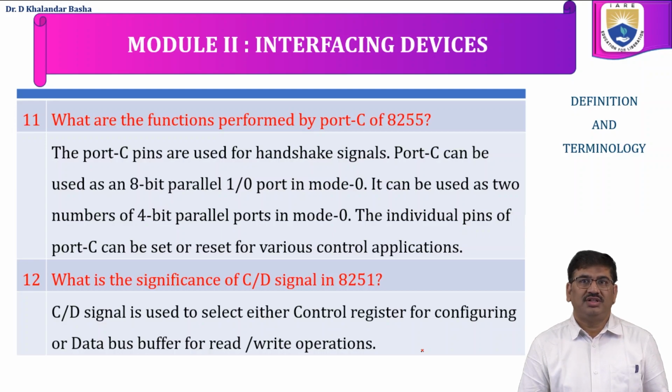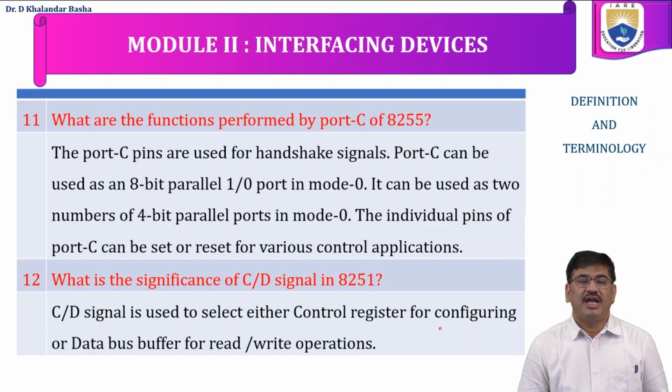What are the functions performed by port C of 8255? We know that 8255 consists of three ports, port A, port B, port C. Now we will see the significance of port C. The port C pins are used for handshake signals. Port C can be used as an 8-bit parallel IO port in mode 0.